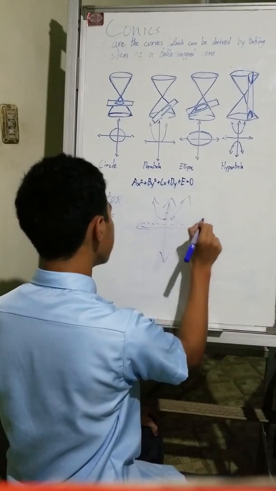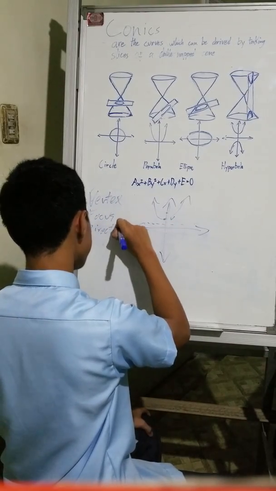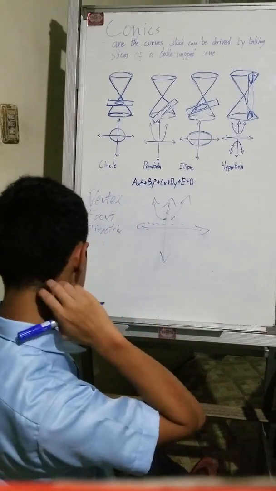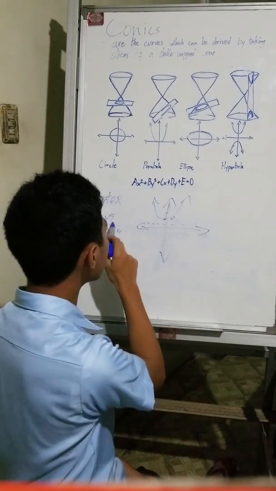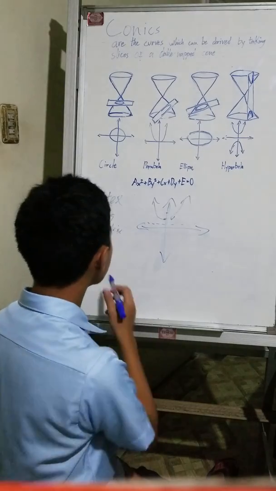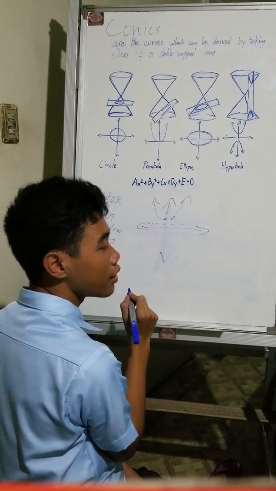And this is called the directrix. Now, the length from the focus to the directrix is called p, or anything really.